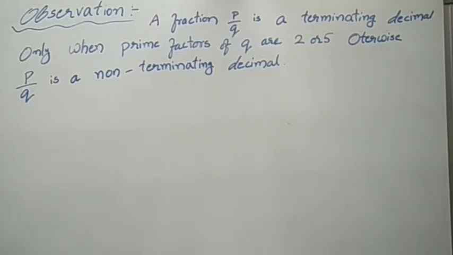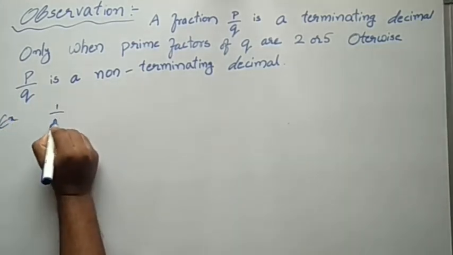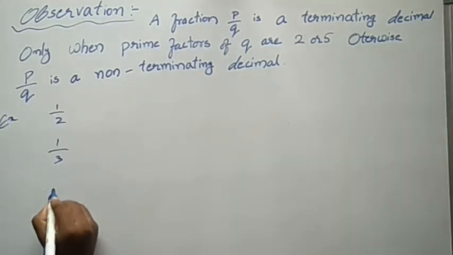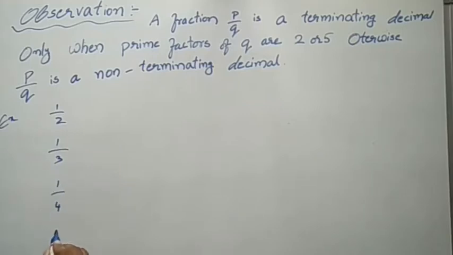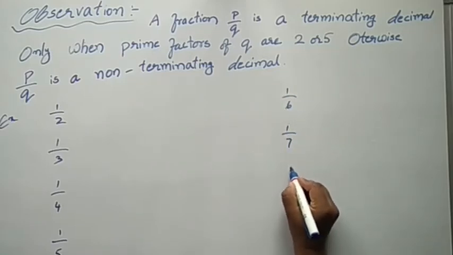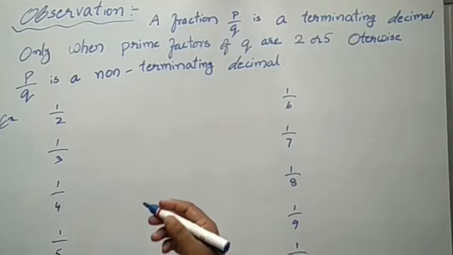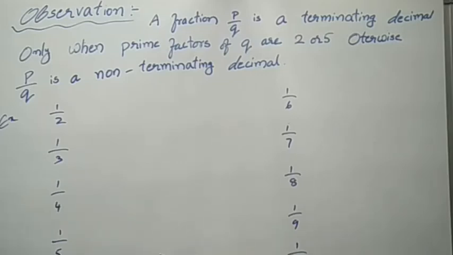Once we will check it here: 1 by 2, 1 by 3, 1 by 4, 1 by 5, 1 by 6, 1 by 7, 1 by 8, 1 by 9, 1 by 10. By seeing only we can say whether it's terminating or non-terminating.